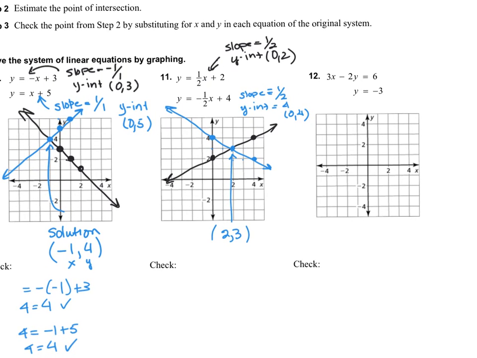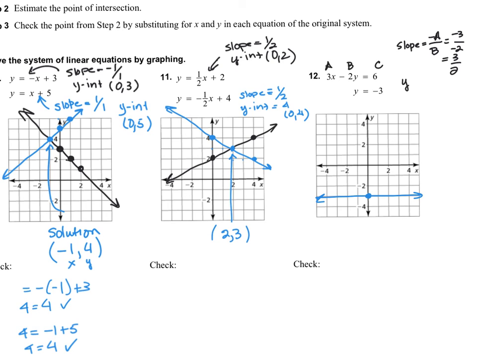All right, so for number 12, we have 2 lines. y equals -3 is actually a horizontal line, if you remember from last lesson. And then we have to find the slope and y-intercept for 3x minus 2y is equal to 6. I'm going to use the formula that I gave you if you find your a, b, and c. So your slope is -a over b. So our slope is -3 over -2, which is 3 over 2.